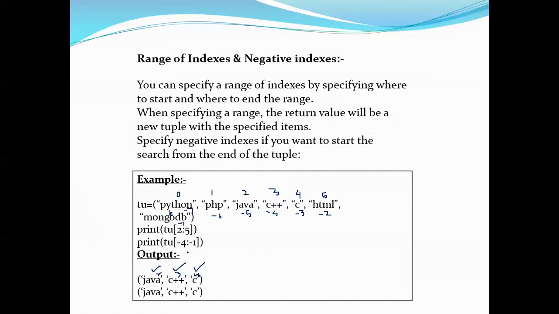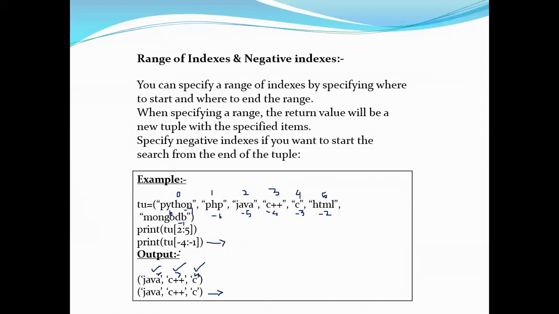Similarly, I can obtain the same result using negative indexing. How can I do it? If I need to access it, I can get Java, C++, and C. We will see what output I will get for this. For this, we will find what the output is, right? These outputs are different.